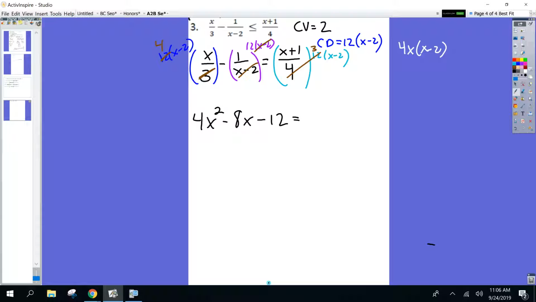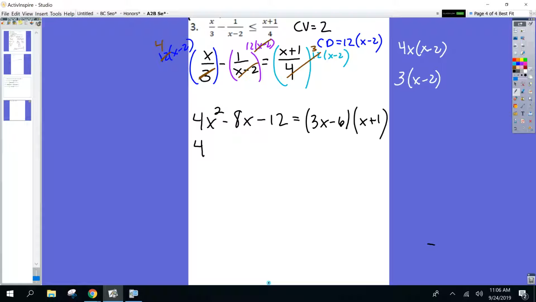So you have 3 times x minus 2, which will give you 3x minus 6. But I still got to multiply that with my third thing. Okay, and I think this is where we left it yesterday.